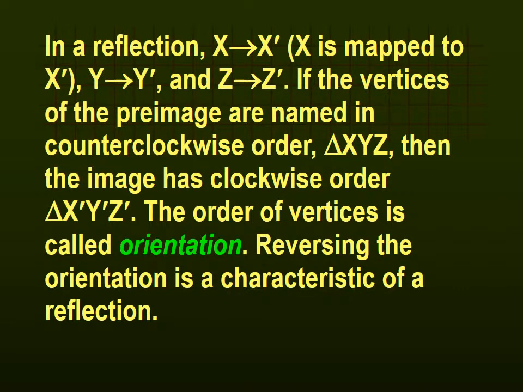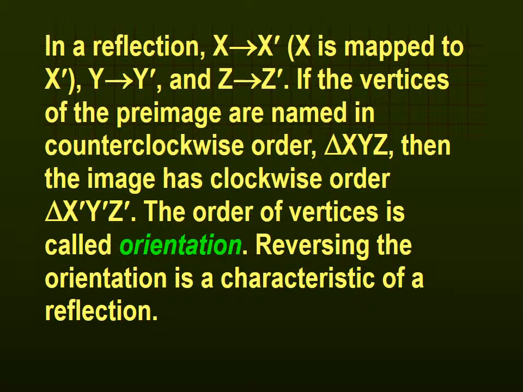If the vertices of the preimage are named in counterclockwise order, so triangle XYZ, then the image, after the transformation, is going to go clockwise, so it's going to be reversed. So the order of vertices is called orientation.